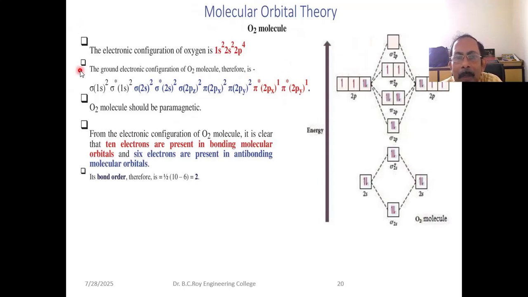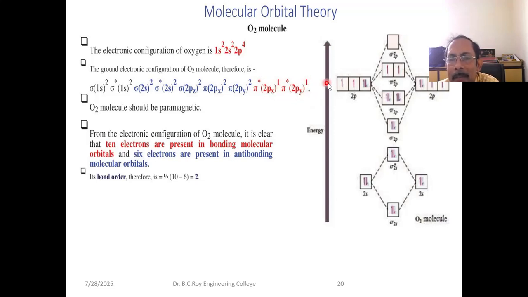So this is the electronic configuration of the molecular orbitals, sigma 1s star, sigma 2s star. The electrons are getting filled, so they all cancel each other, but there are two unpaired electrons in the pi 2px and pi 2py orbitals, and both are anti-bonding orbitals. There it is pi star, this is also pi star.